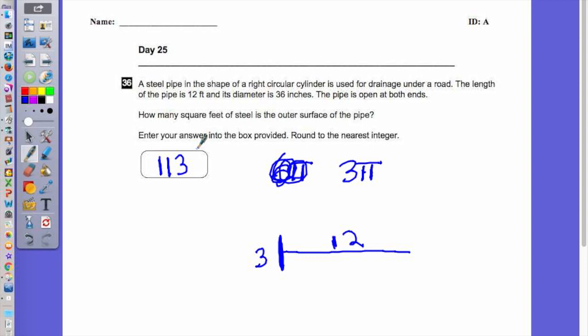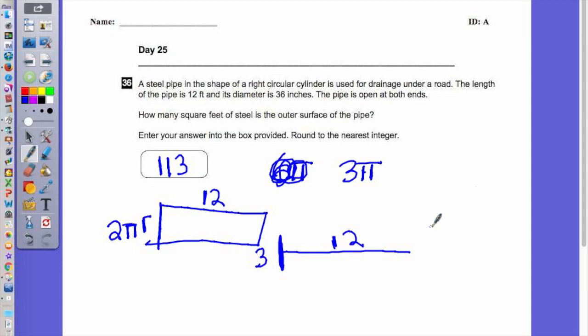So if the diameter of this is 3, when I unroll it, the circumference of the circle becomes the length of the rectangle, right? So this formula for circumference of a circle is 2 pi times the radius. So that's the end. And then the pipe is 12 feet long.